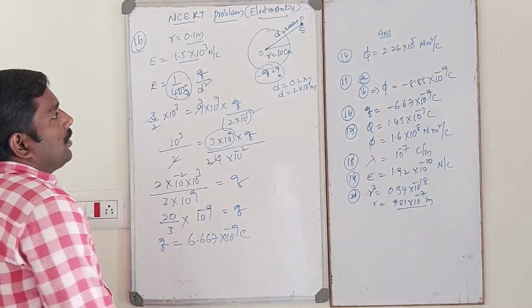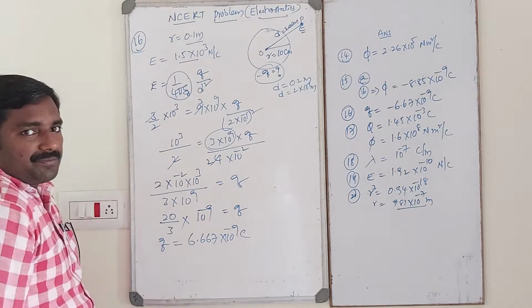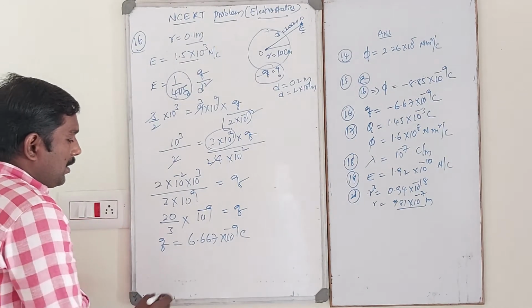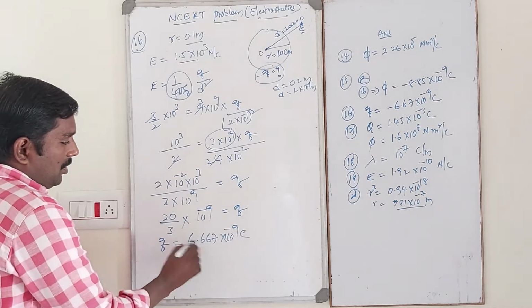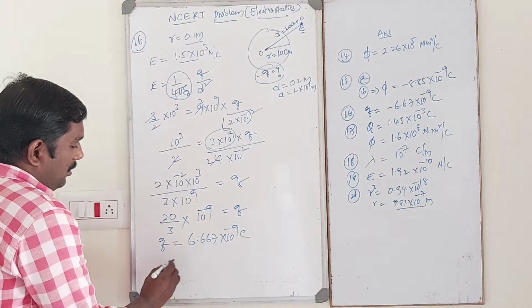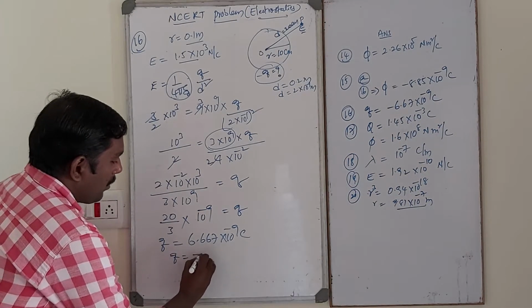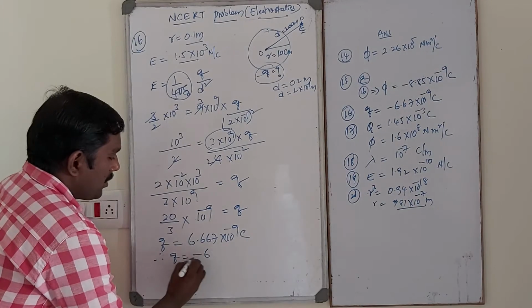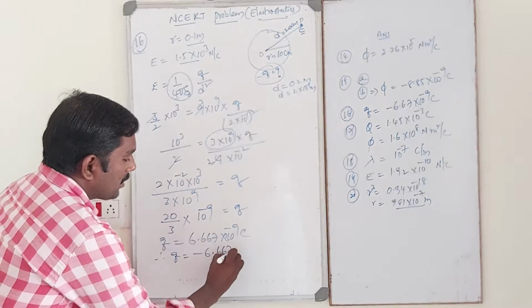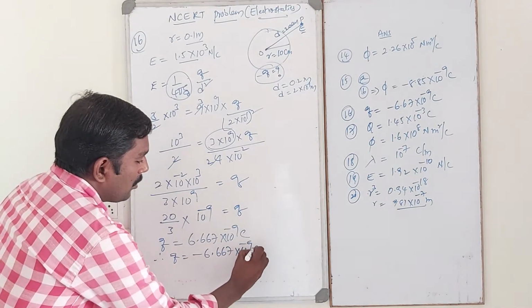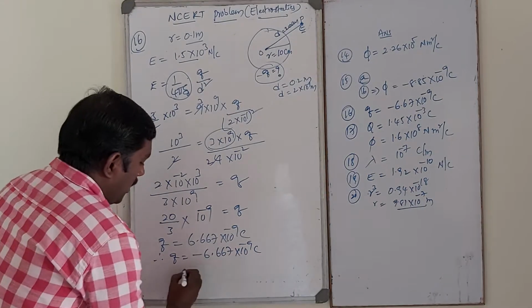So electric field lines are radially inwards. That means it will be a negative charge. Therefore, Q is equal to minus 6.667 into 10 power minus 9 coulomb. Negative sign indicates what?